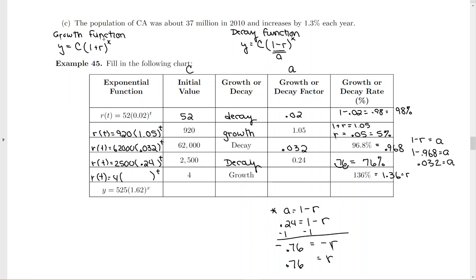So I come back up here to my formula, growth function 1 plus R. So A equals 1 plus R. My R happens to be 1.36. Add those up. I get 2.36, and that's my A value. And A goes right into the formula.